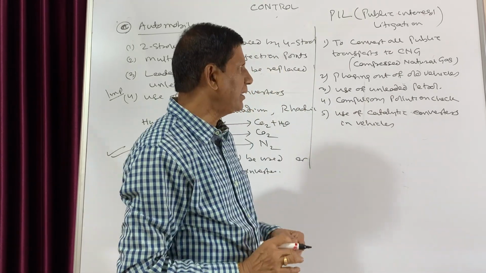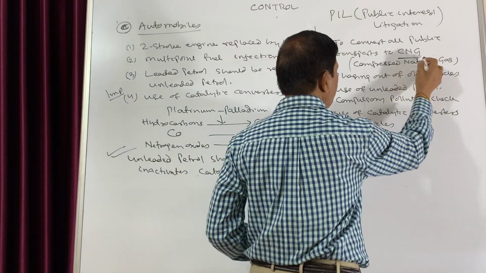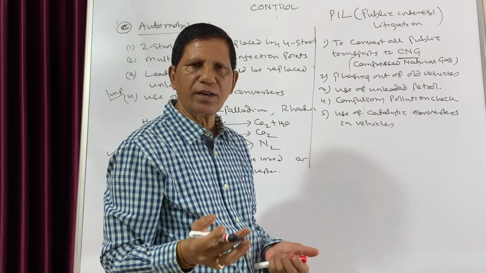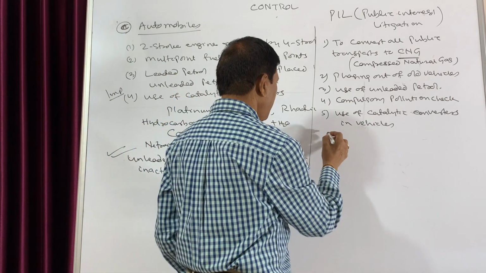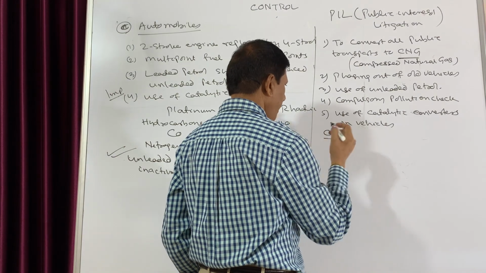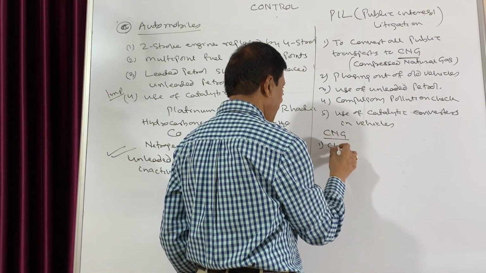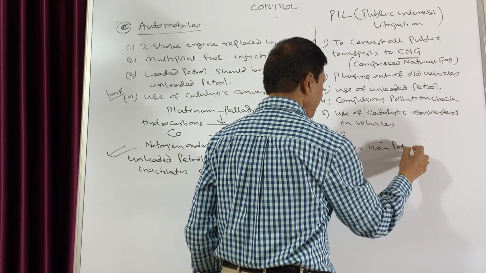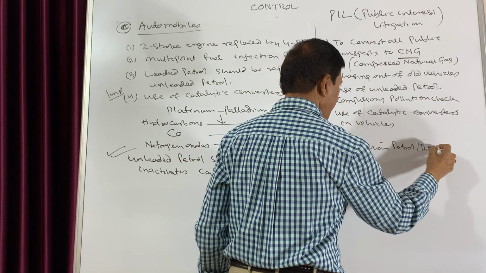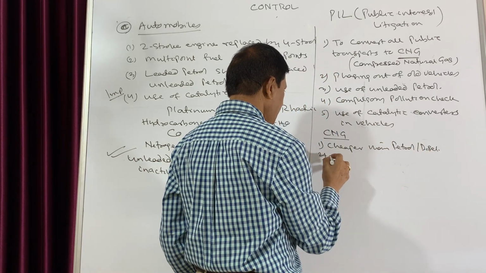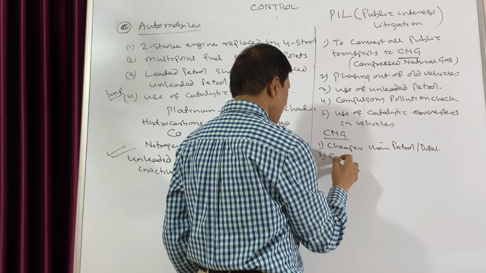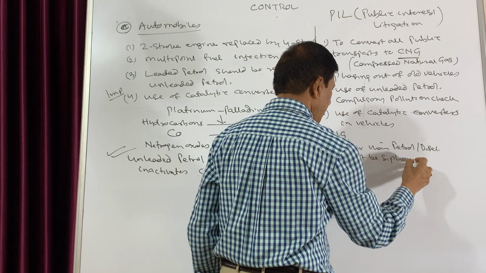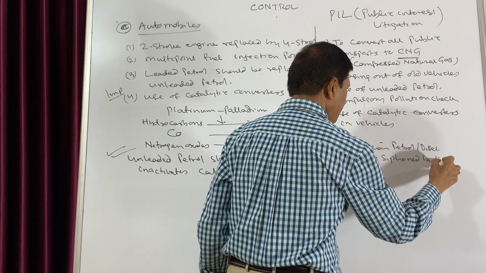But here one important thing is why more importance was given to CNG. Because in Delhi at present all the vehicles are almost running on CNG. Because CNG is usually cheaper than petrol and diesel. Then the second point is it cannot be siphoned by thieves.